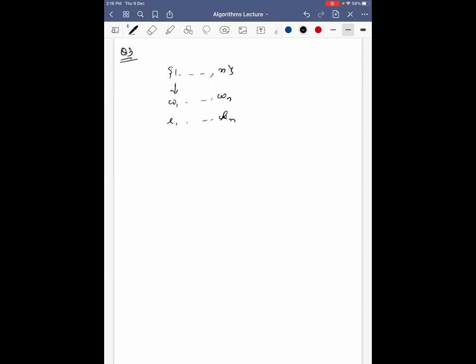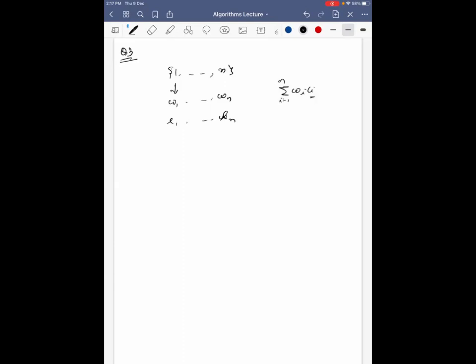So our objective is to come up with a schedule of these jobs that minimizes a certain objective function, and this objective function is the weighted sum of the completion times. I need to define what the completion time of a job is.